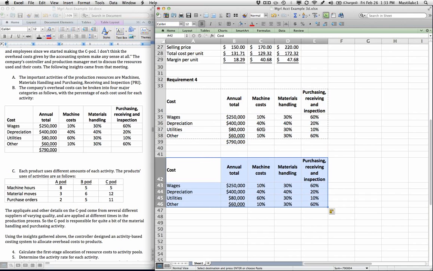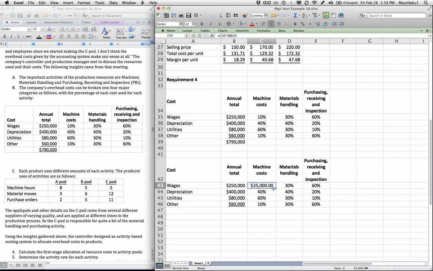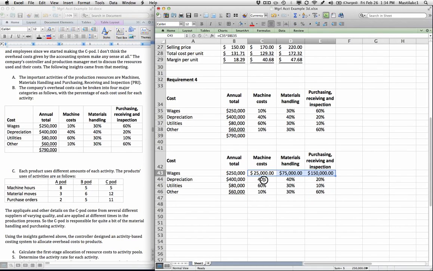and using Excel as our friend here, we can say that the machine cost is going to get 10% of $250,000. And we are going to drag that across to our different cost pools. Machine cost is going to get 40% of the $400,000.